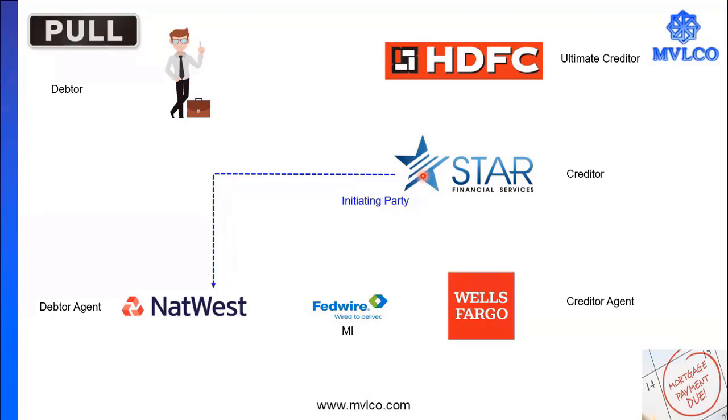So on behalf of Jack, Star initiates the pull transaction. Here, Star becomes the initiating party. Rest of the roles remain the same. This is how the initiating party role also shifts when we have the ultimate debtor and the ultimate creditor.